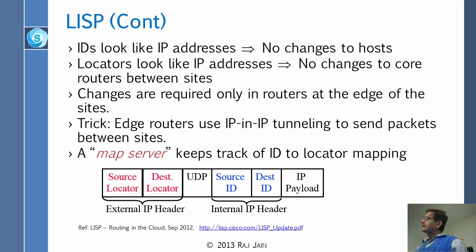The reason you need UDP is because you need a protocol type field here. What I have not shown here is the full IP header. All I have shown is the source and destination, but there is also the protocol type and other fields in the header. This is the complete IP header. So here the protocol type will say the payload is UDP, and then UDP will open that up and it will go from there, right?